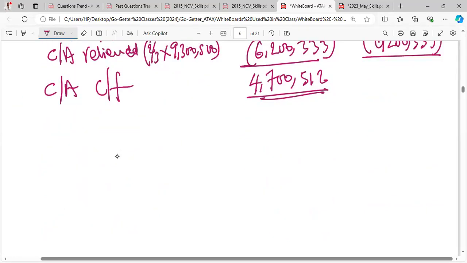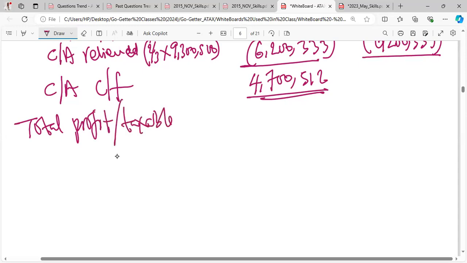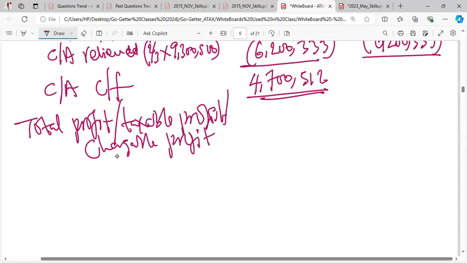Then the next will be your total profits. You can also call it taxable profits, or you can call it chargeable profit. Any of these can go.